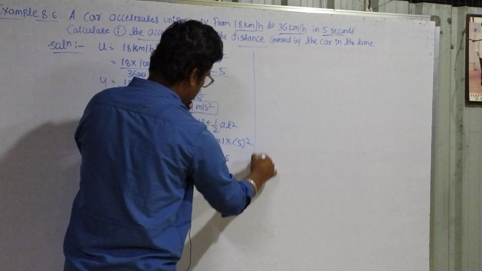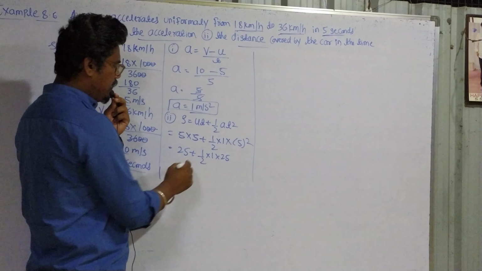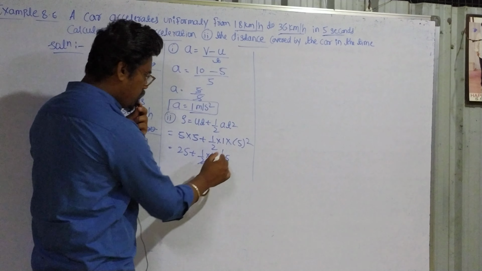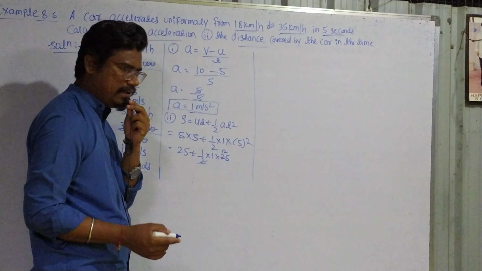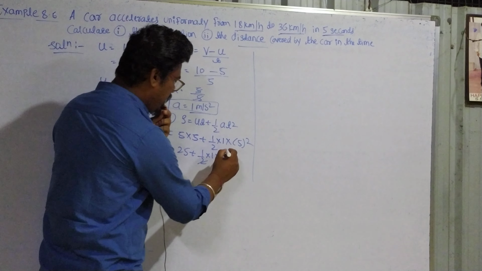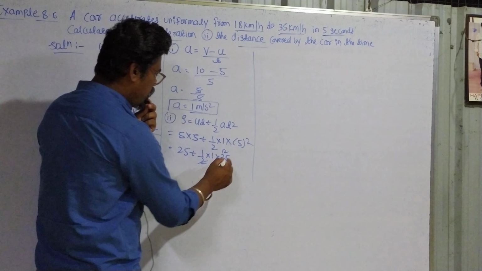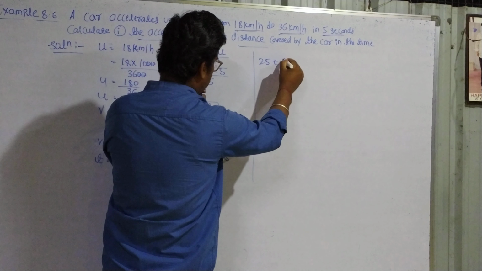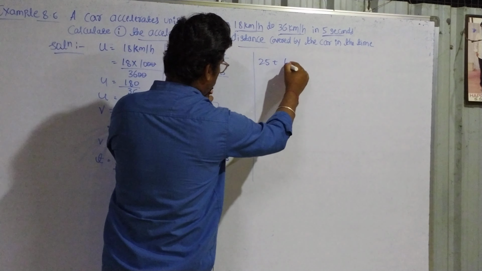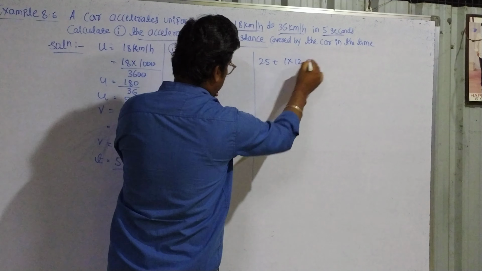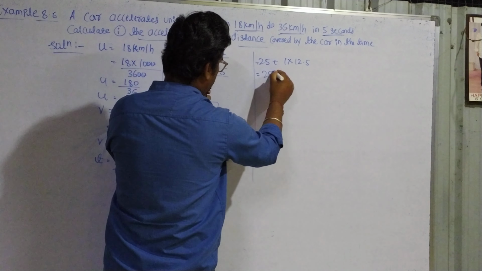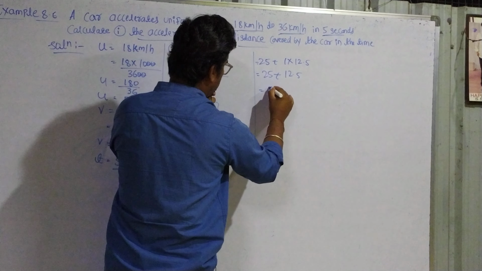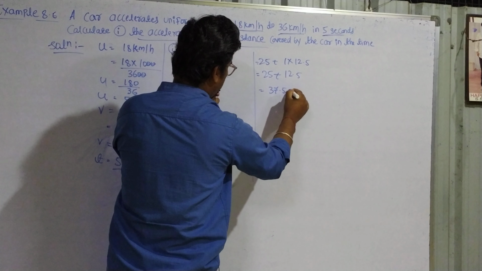5 into 5 is 25, plus 1 by 2 into 1 into 25, which is 12.5. So 25 plus 12.5 is 37.5 meters.